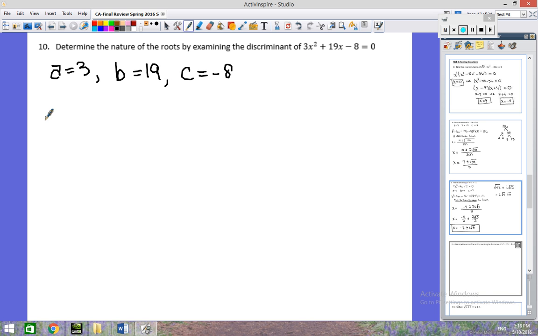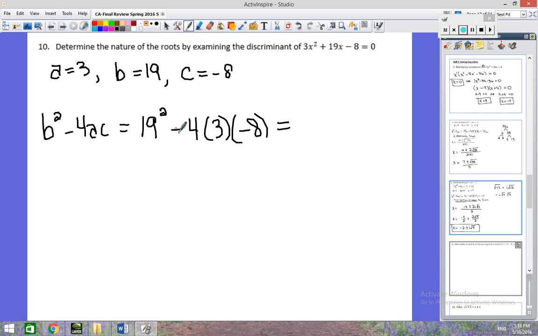When you guys did this before, one of the biggest mistakes was to include the radical and take the square root of this. You don't take the square root. It's the number that's underneath the square root. It's b squared minus 4ac.